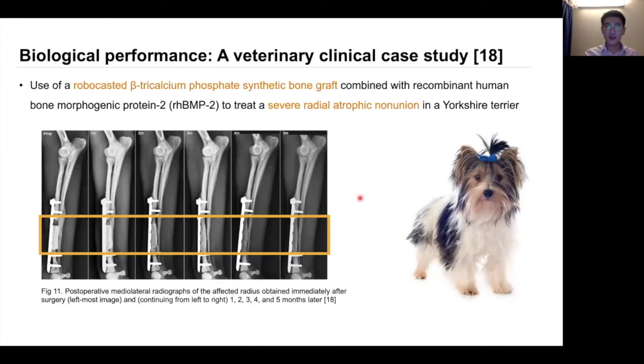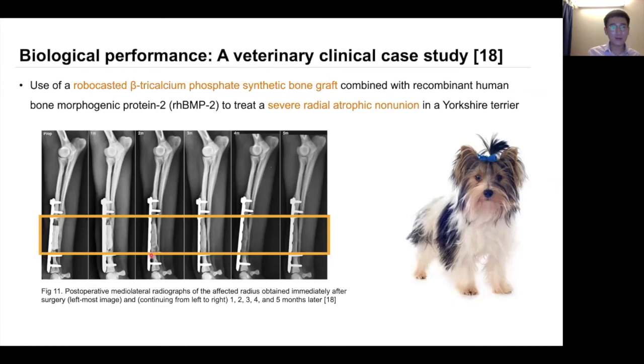Next, I'd like to share a very interesting veterinary clinical case, in which this little cutie, a Yorkshire Terrier, was treated with a robocasted beta TCP synthetic bone scaffold. If you refer to these radiographs, the leftmost one was taken right after the surgery, and the rightmost one is 5 months later.